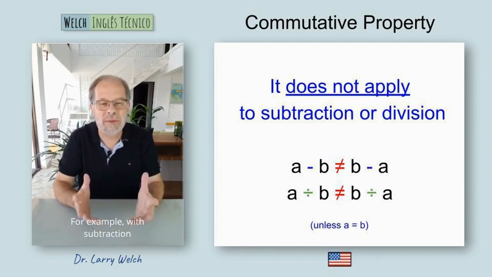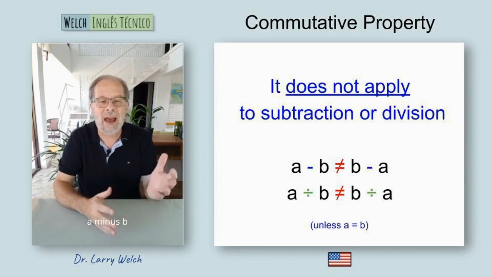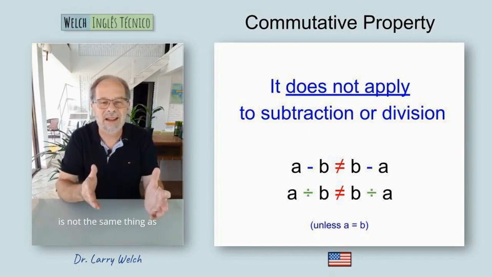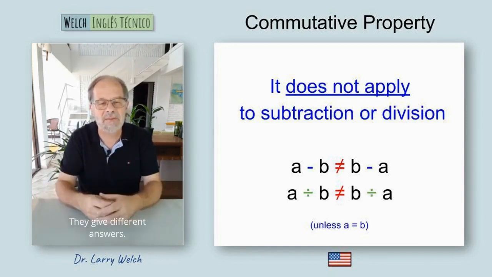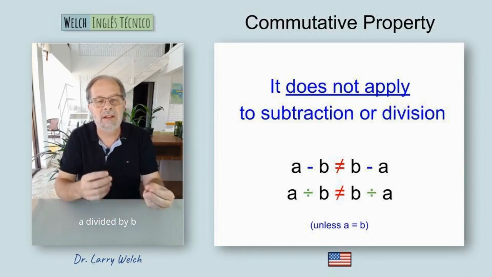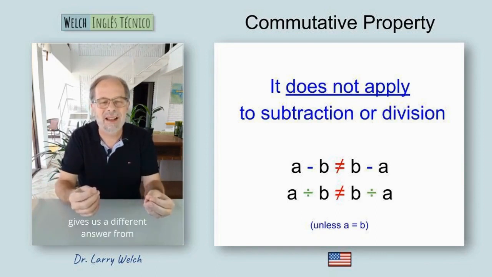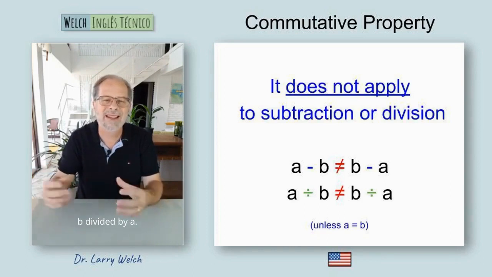For example, with subtraction, A minus B is not the same thing as B minus A. They give different answers. With division, A divided by B gives us a different answer from B divided by A.